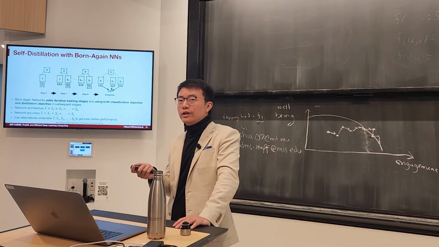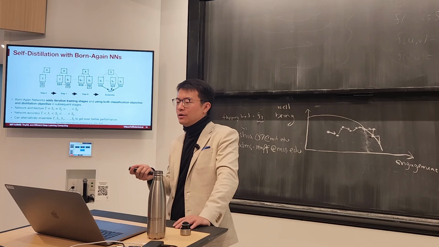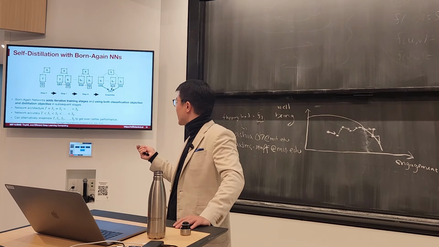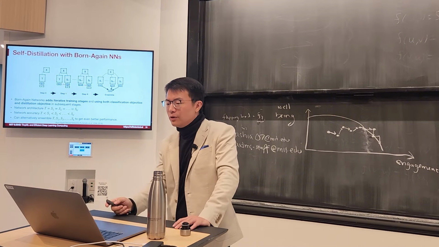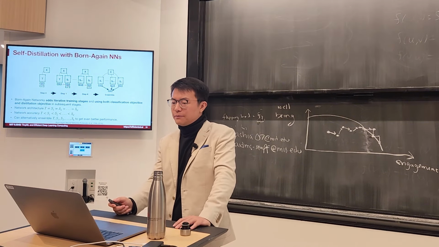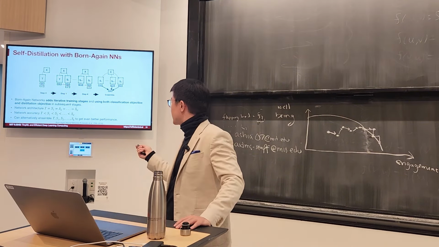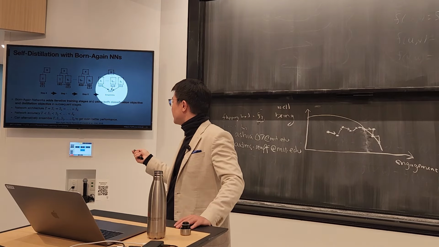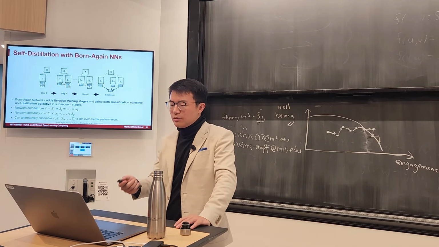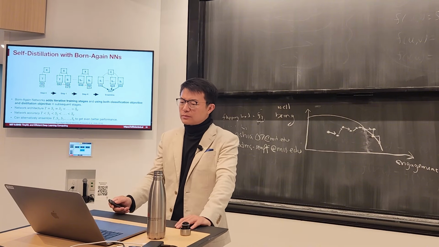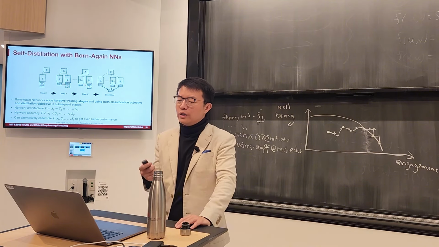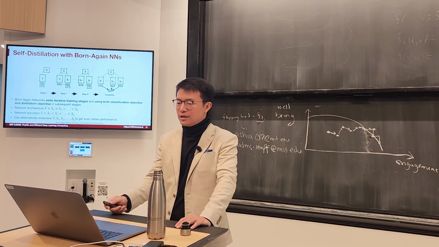When the training finishes in the last step, since these architectures are the same, we can ensemble the predictions together to get the final output, with even better performance. That's the interesting part, where the teacher and student are of the same size.